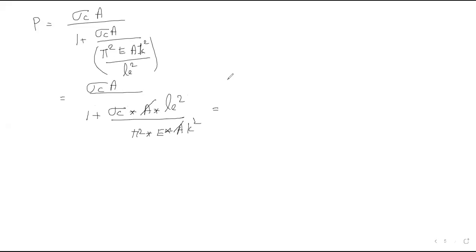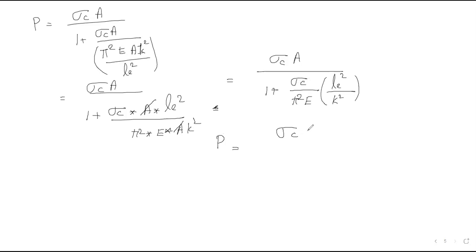The equation becomes sigma C into A divided by 1 plus sigma C divided by pi squared E into the whole of LE by K squared.